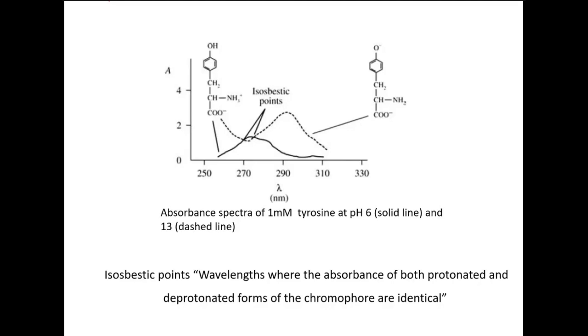So the peptide bond between amino acid residues of the protein is a chromophore for that particular protein. The peptide bond is capable of absorbing light of definite wavelength, generally around 230 nanometer.